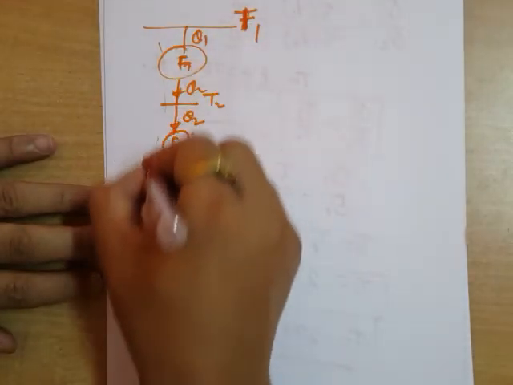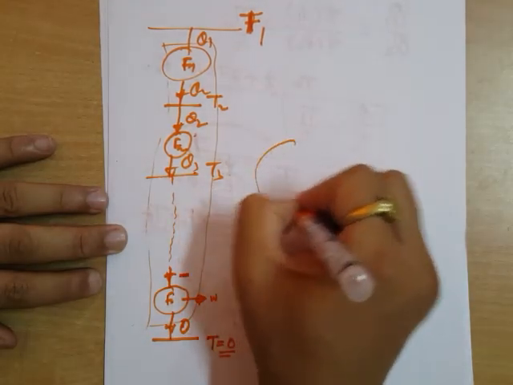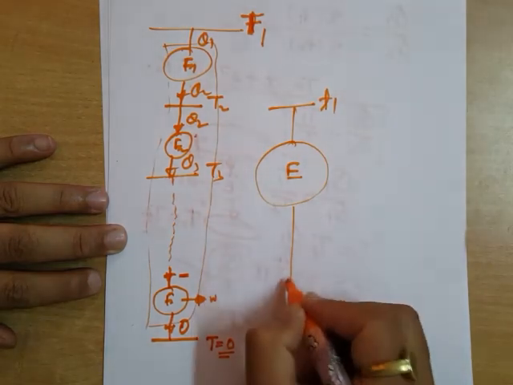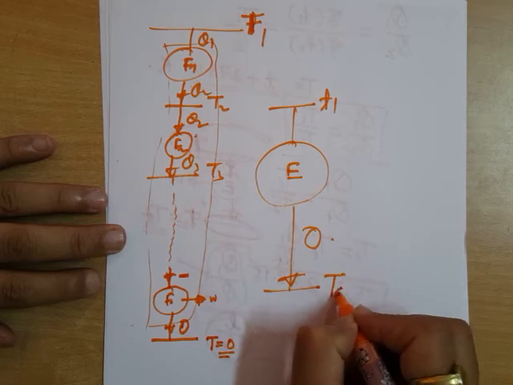So what you are doing here is forming an engine where you are taking energy from T1 and delivering zero amount of heat to a temperature at absolute zero.